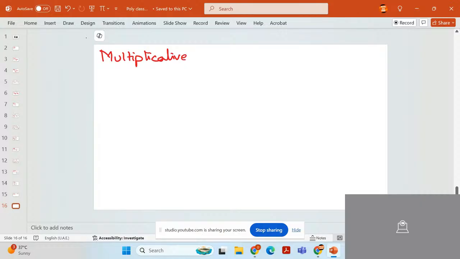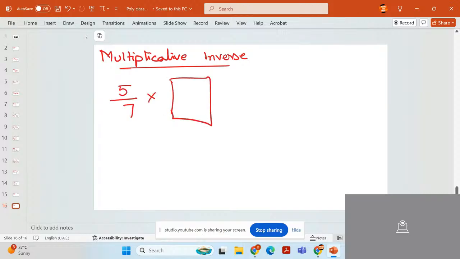So multiplicative inverse. What is multiplicative inverse, sir? Sir, 5/7 multiplied by what number will give you the multiplicative identity? What is multiplicative identity? 1. So what is the number which when multiplied by 5/7 you will get 1? See, you will get 1 when everything gets cancelled, right?